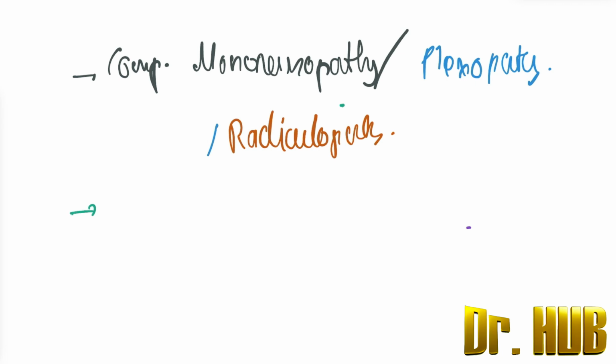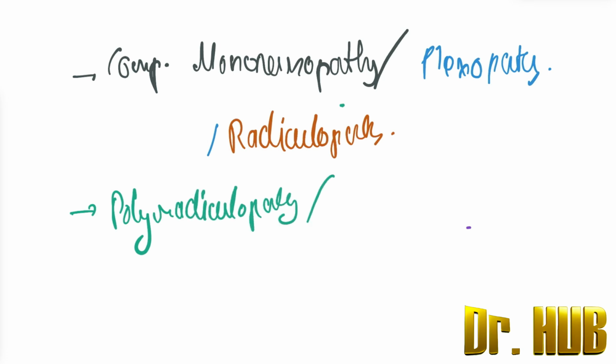Then comes the polyradiculopathy or the plexopathy. And this is basically due to the DM. DM stands for diabetes mellitus.